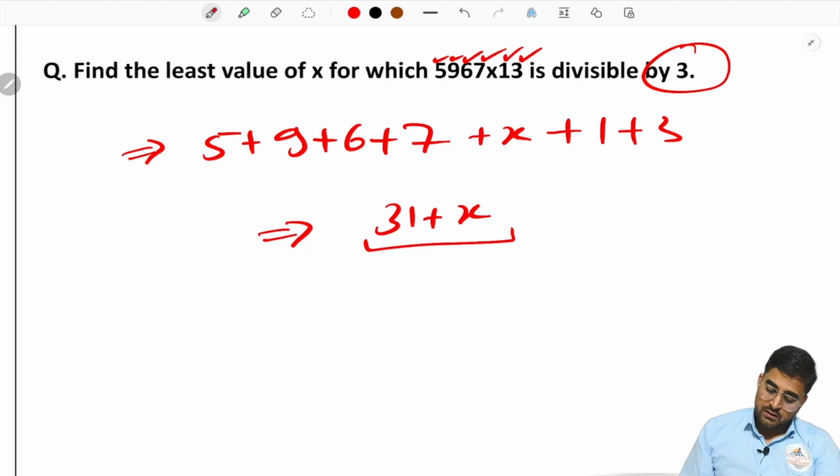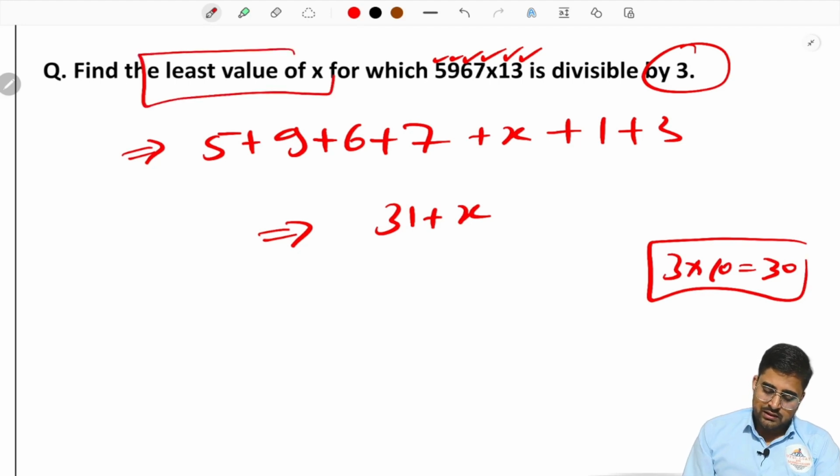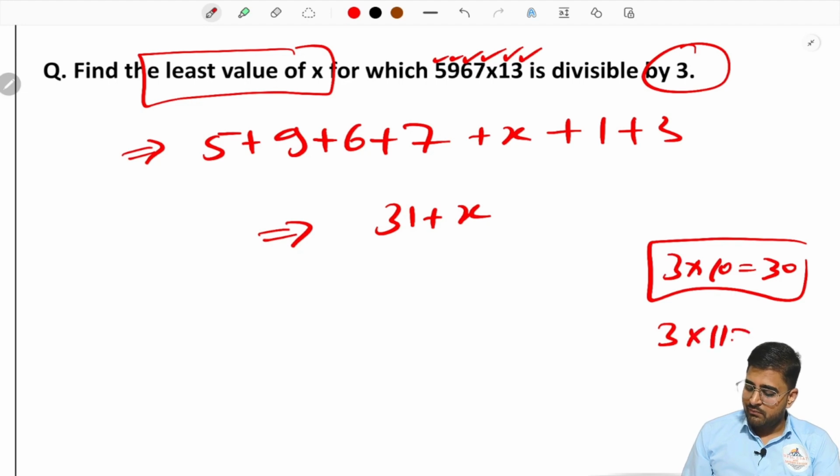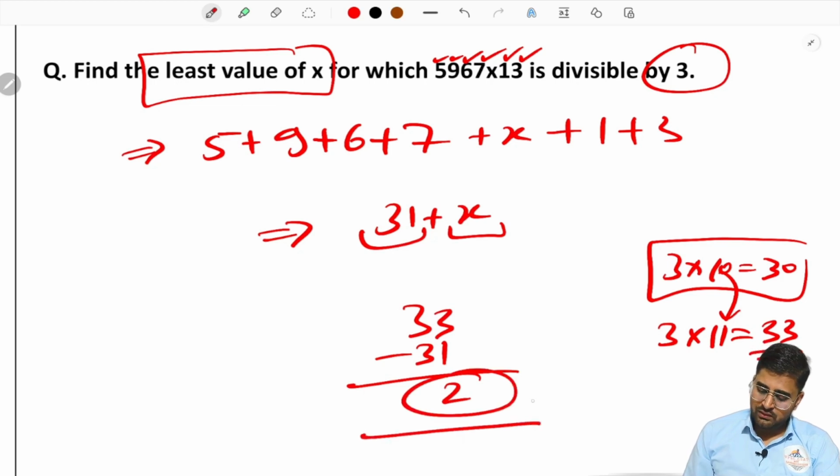You know that 3 into 10 is equal to 30. The question asks for the least value. If you multiply 3 by the very next number, 11, it becomes 33. We have 31 here, we need the x value. If we do 33 minus 31, it gives us 2, so the least value for x is 2.